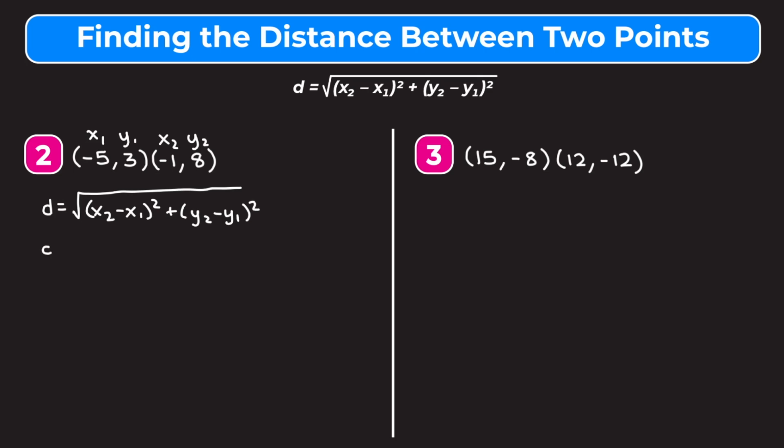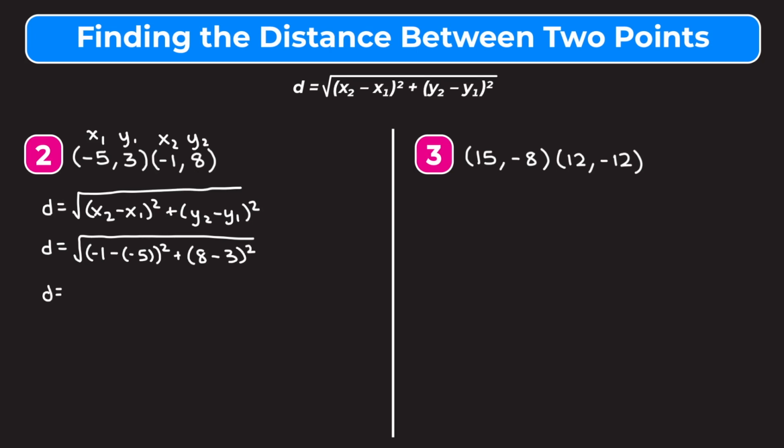And now I'm going to plug in my values. So I have the square root of x2, which in this case is negative 1, minus x1, which is negative 5, squared, plus y2, which is 8, minus y1, which is 3, squared.